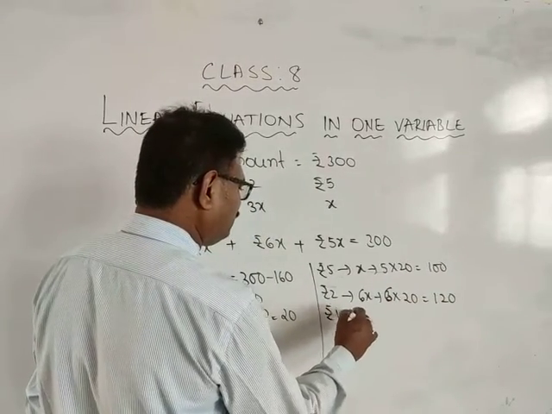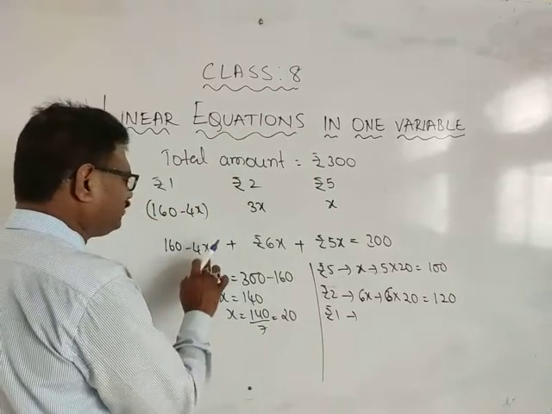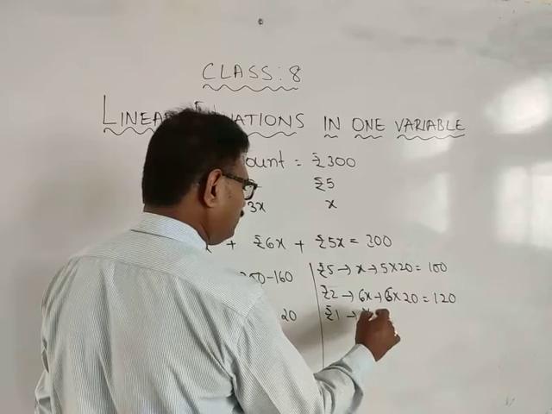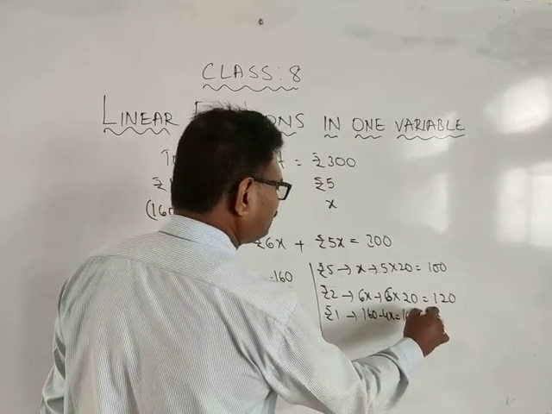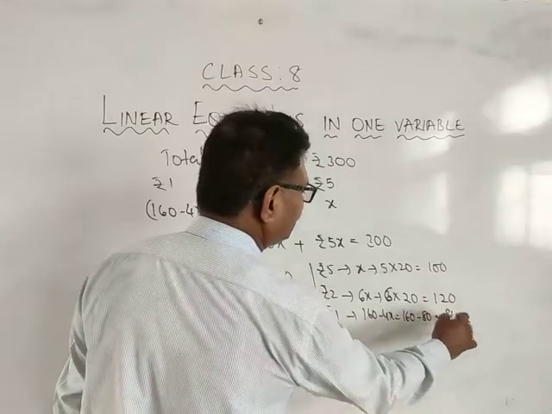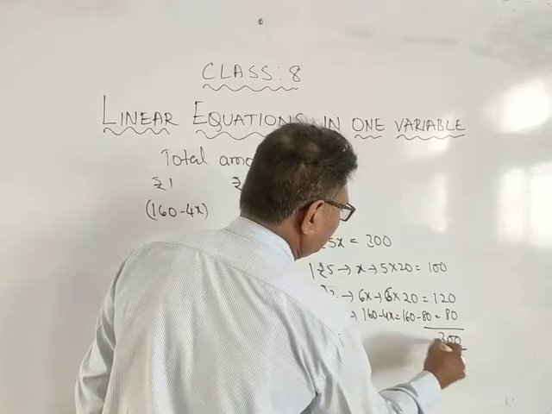And rupees 1, 160 minus 4x, so 160 minus 80 is equal to 80. So if you take the total amount, it will be 300.